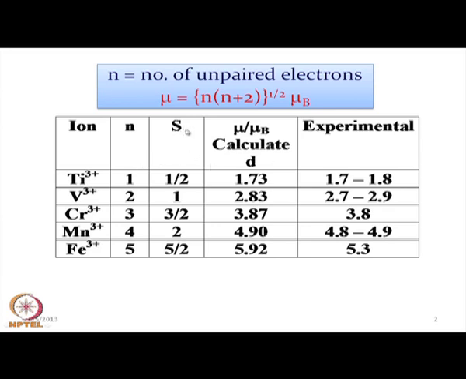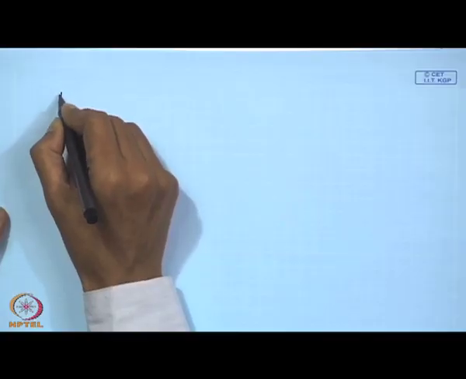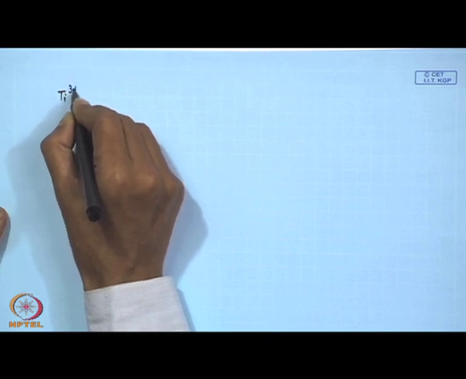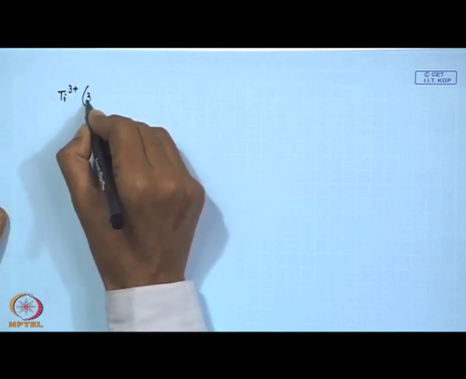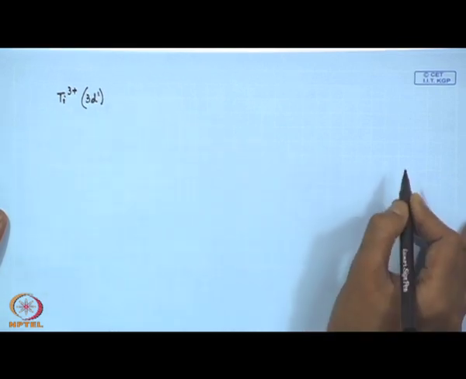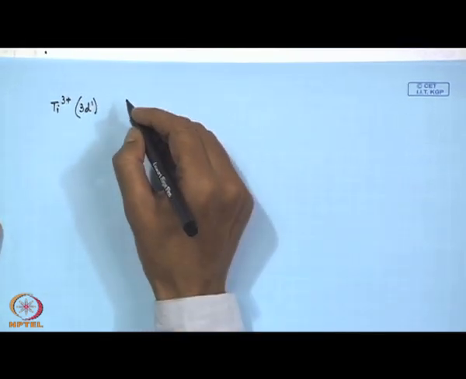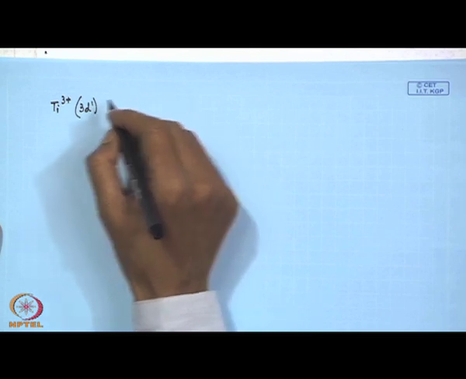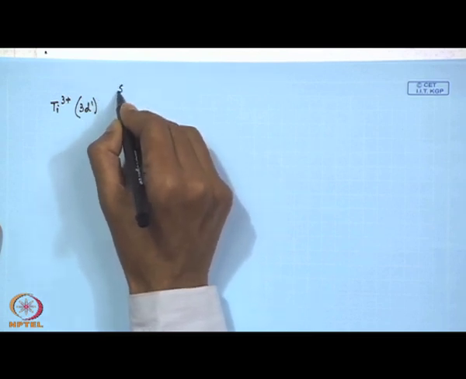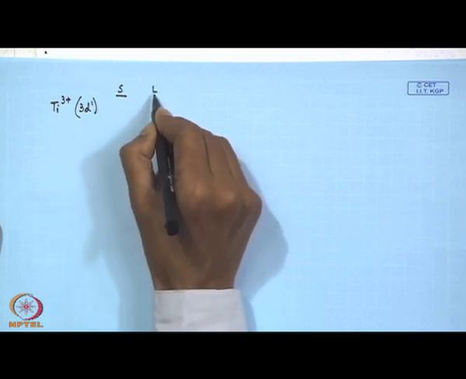Now, if we take the example of not only the S value but also the L value at the same time, so if we have titanium 3 plus, which is the 3d1 case, that gives us the corresponding S value and the corresponding L value.